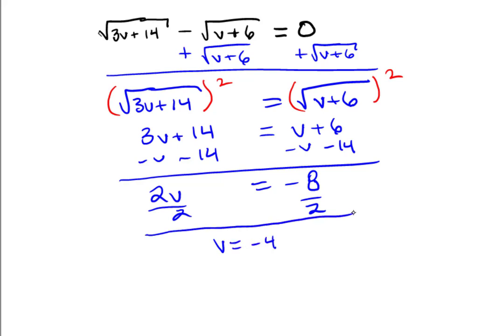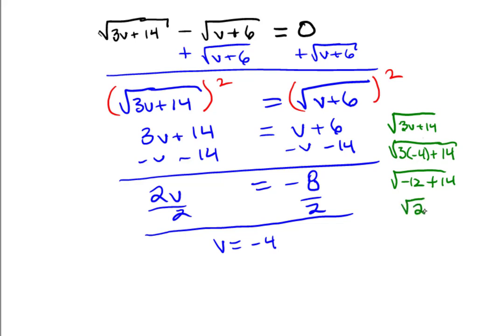Done? Hopefully you said no. Let's go back and check and make sure this solution actually works. Negative numbers make me a little suspicious, right? So if we were to plug it in, we would be getting the radical of 3v plus 14, which is the radical of 3 times negative 4 plus 14, which is the radical of negative 12 plus 14, also known as the radical of 2.